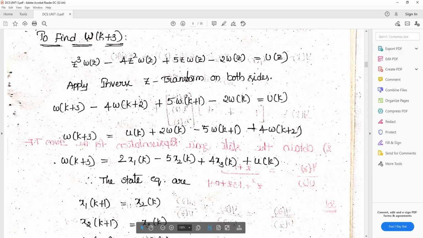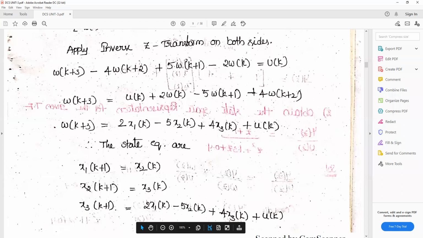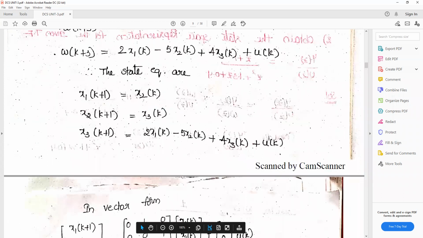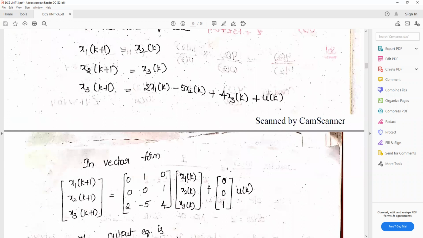Same, construct the state equations. x1 of k plus 1 is x2, so in the x2 term the coefficient is 1. x2 of k plus 1 is x3, so in the third the coefficient is 1. x3 of k plus 1 is 2x1 minus 5x2 plus 4x3, and the input is u of k with coefficient 1.